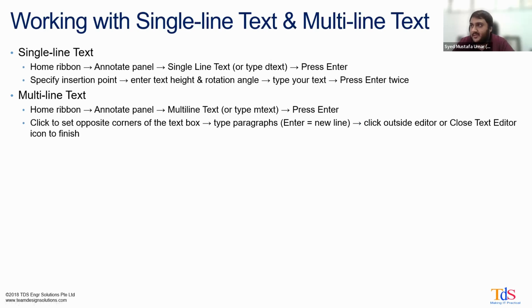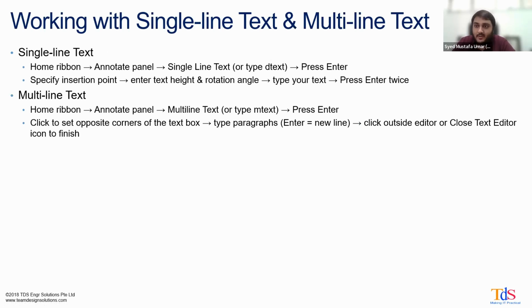So yeah, basically what I said. You also have the ability to, of course, enter these options dynamically using the dynamic input, and the way to do that is using dtext for single line text and then mtext for multi-line text. And that's about it for the text styles and the text itself.